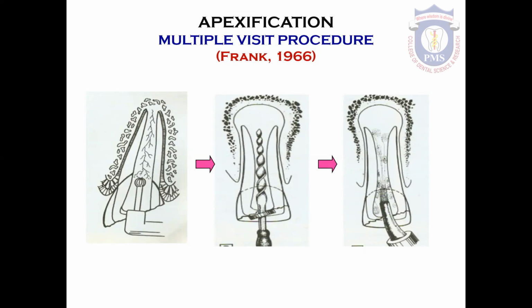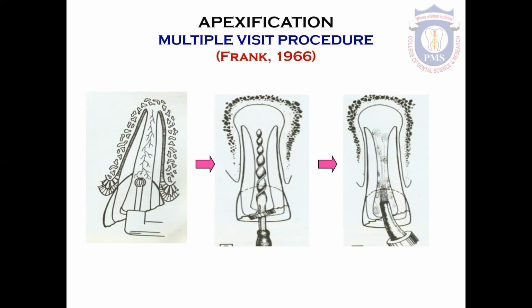So following gaining access into the root canal, the coronal as well as the radicular infected pulp is removed. And while doing the biomechanical preparation, care must be taken to consider the thin dentinal walls and the open apex.